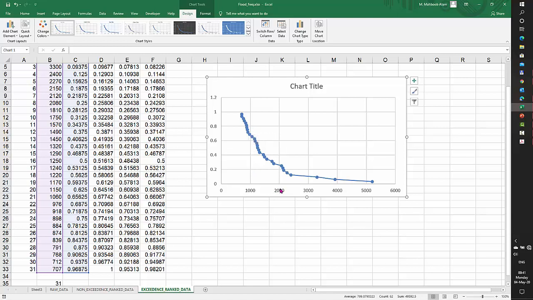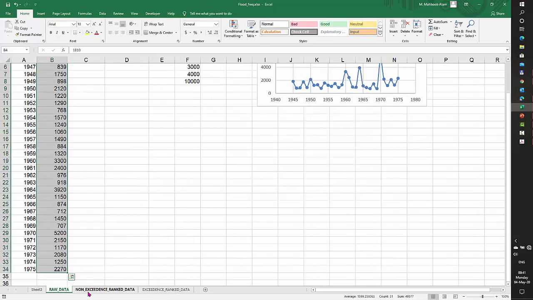As I move towards the right, towards the larger values, the probability decreases. So this is the reciprocal of the known exceedance probability, and this is how we calculate different kinds of exceedance probability.